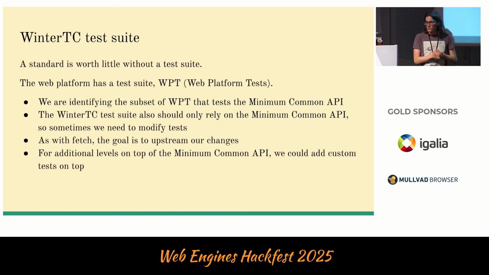and then a different test has the stuff that is only relevant to browsers. And for the additional levels that we mentioned earlier, on top of the minimum common API, like file system level, socket, servers level, and so on, for file system it depends, but for CLI we would definitely have to add custom tests on top, specific tests that we identify.